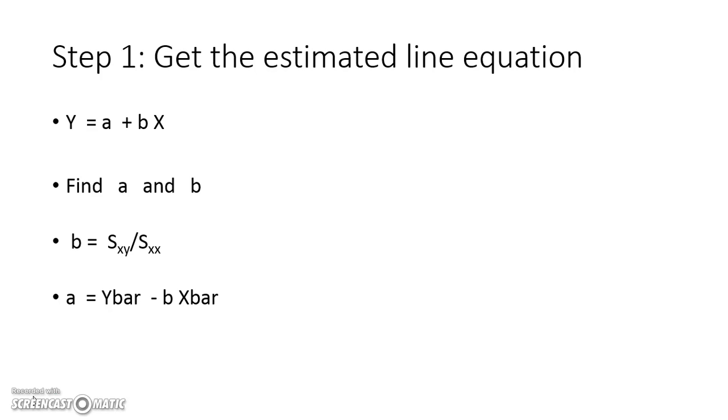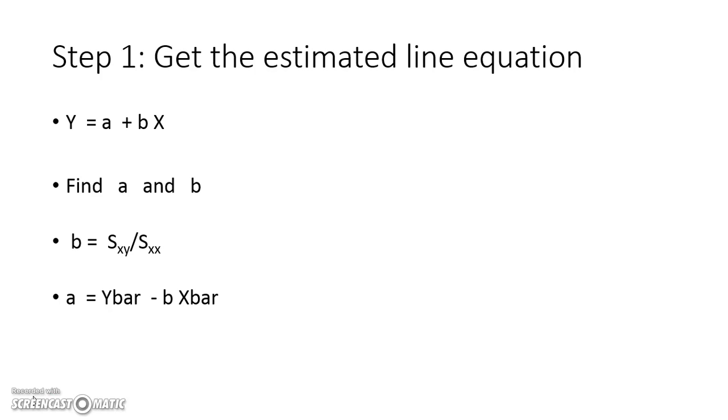So when we say Sxx, it is a summation of the square of the differences of individual variables from their mean.